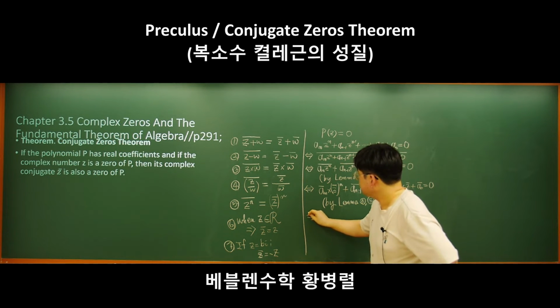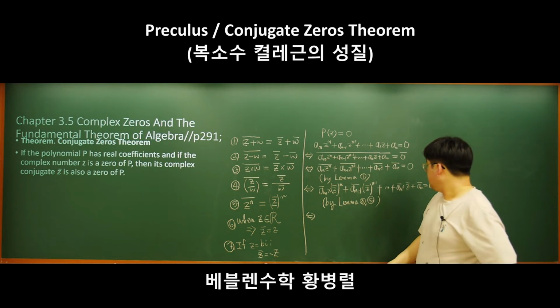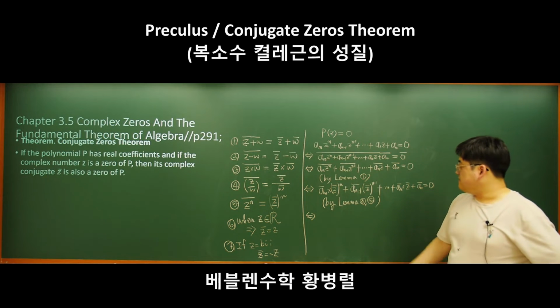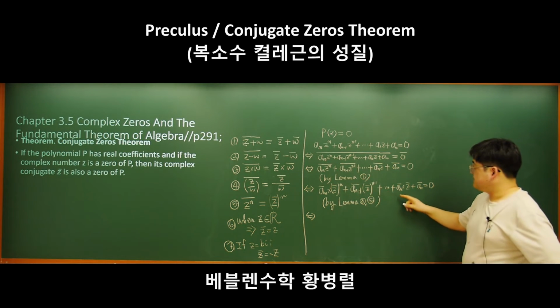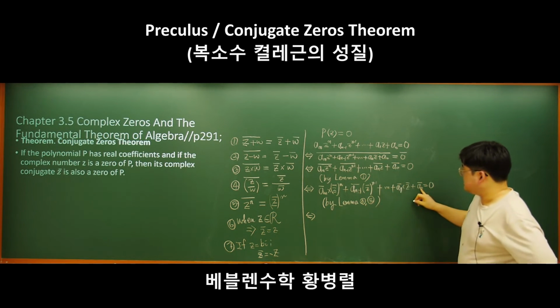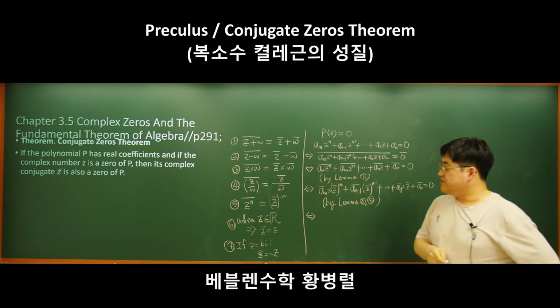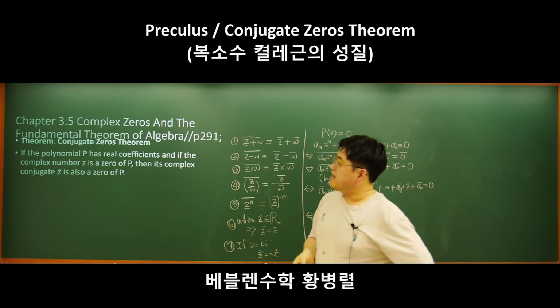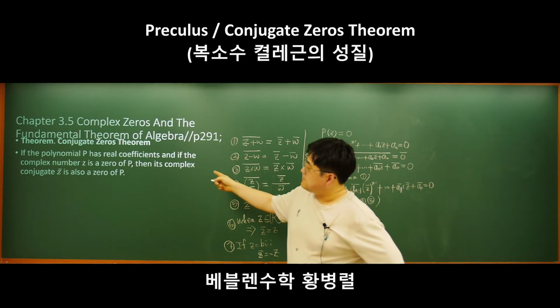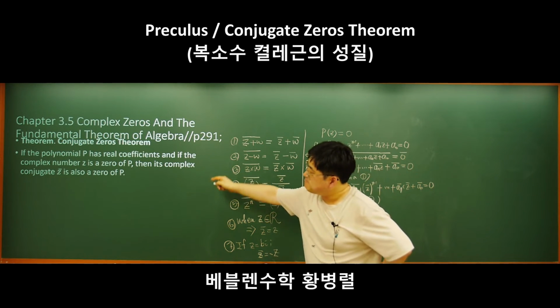And all of a n, a n minus 1, a 1, a 0 are real numbers by the assumption of this theorem.